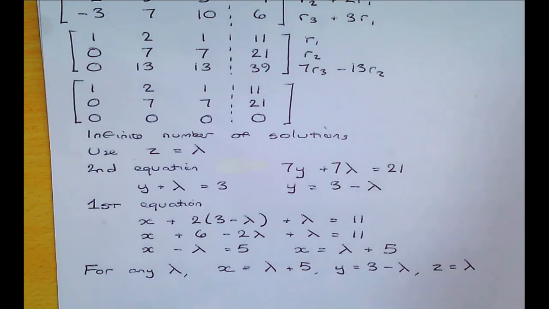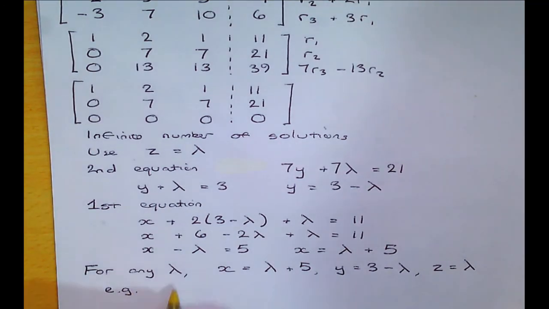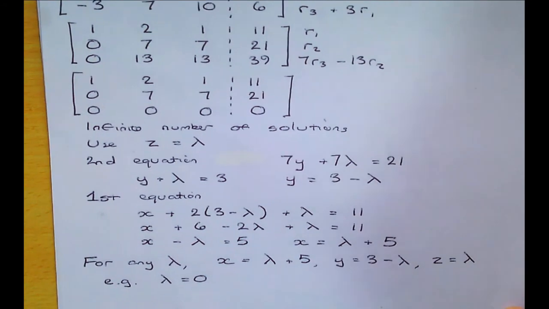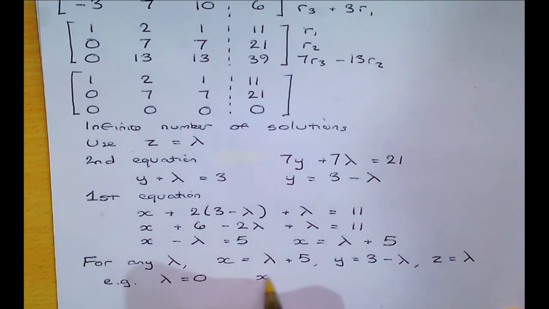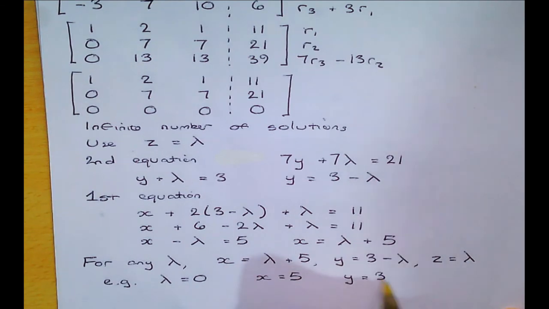We can check. For a couple of specific values of lambda, if we have lambda is equal to 0, we'll have that x is equal to 5, y is equal to 3, z is equal to 0. This is one solution to all three equations.